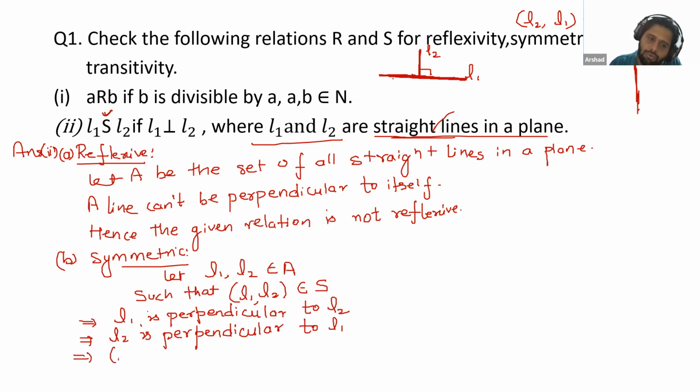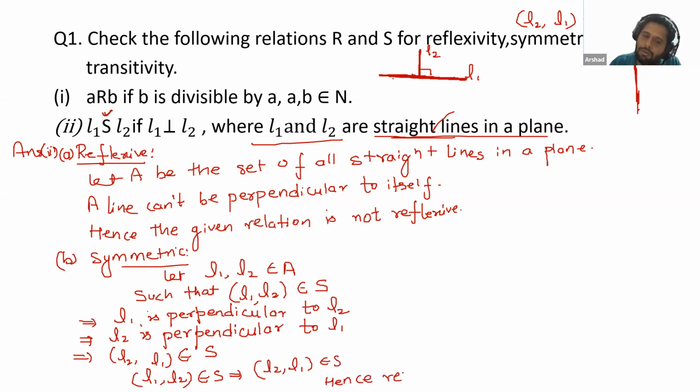This implies L2, L1 belongs to the relation S. Now we will write the same thing again. L1, L2 belongs to the relation S. This implies L2, L1 belongs to the relation S. Hence, relation S is symmetric.